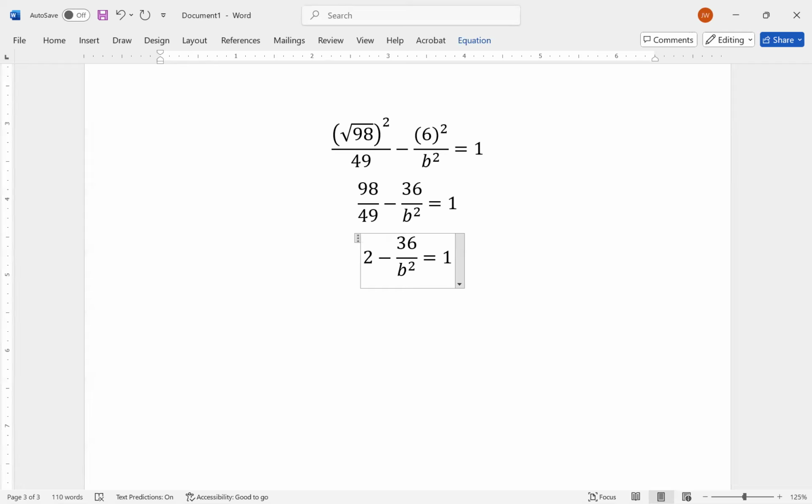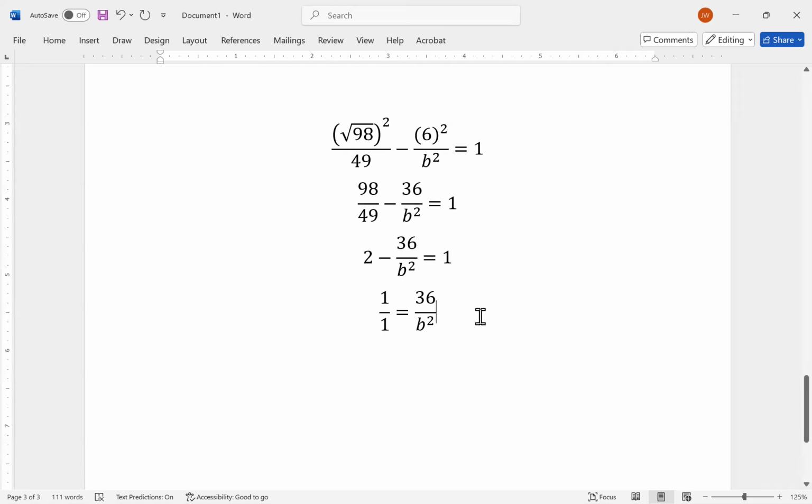I can add, let's say I add 36 over b squared to both sides and then subtract 1 from both sides. That would give me 1 is equal to a positive 36 over b squared. I'm going to think of that 1 like a 1 over 1, and then I'm going to cross multiply.